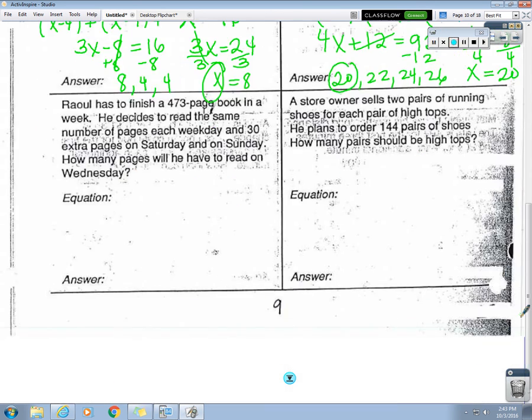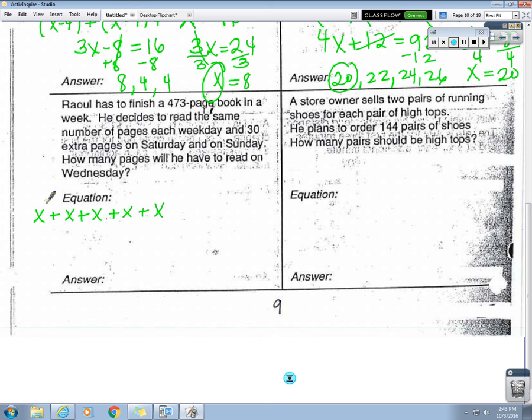Okay, Raul has to finish a 473-page book in a week. He decides to read the same number of pages each weekday and 30 extra pages on Saturday and Sunday. How many pages will he have to read on Wednesday? Okay, well, I'm going to write x plus x plus x plus x plus x.